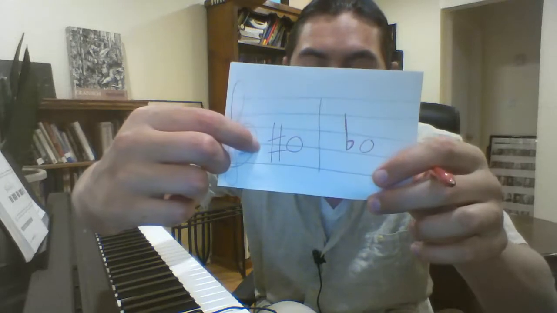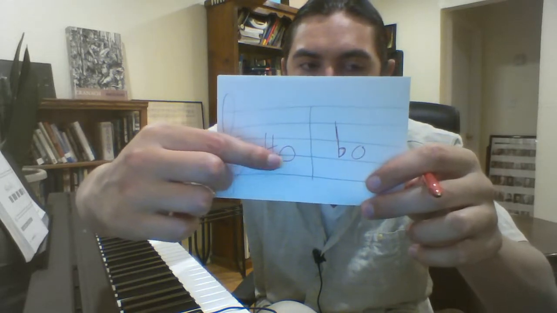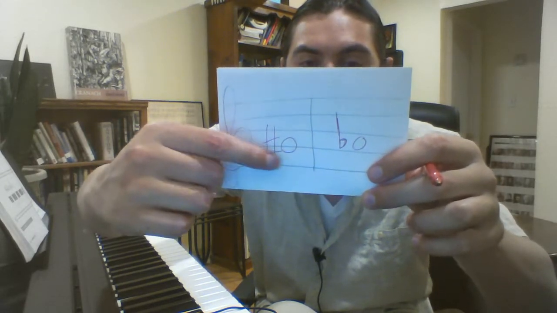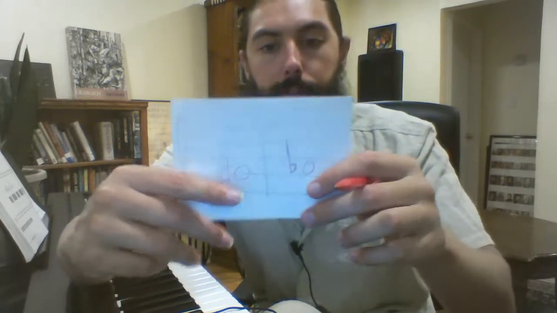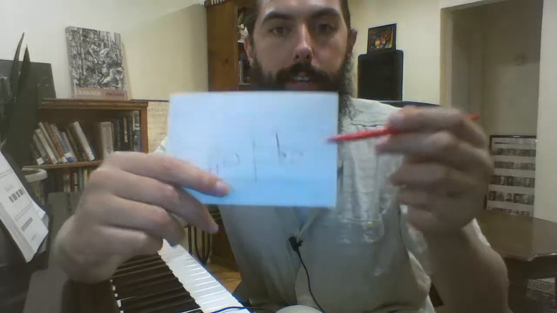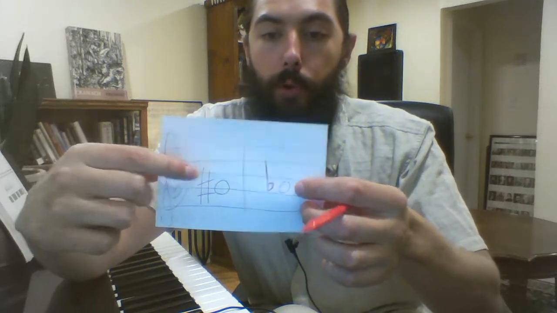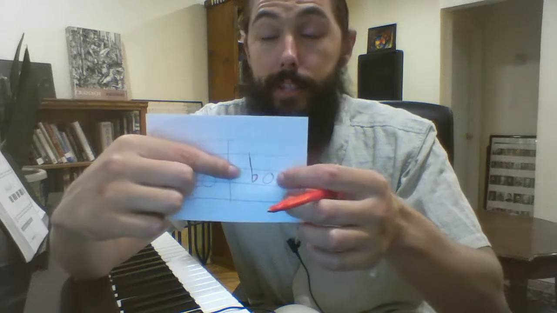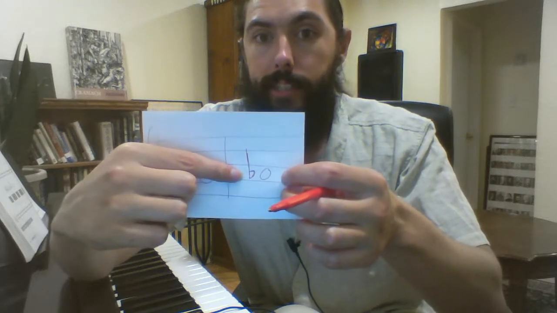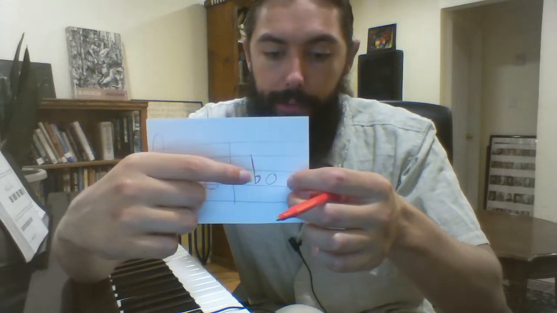And so my line is going to go right through the middle of that square and my line note. However, if I have a space note like this A flat over here, I'm going to draw my flat in the same space, right, as the note itself.